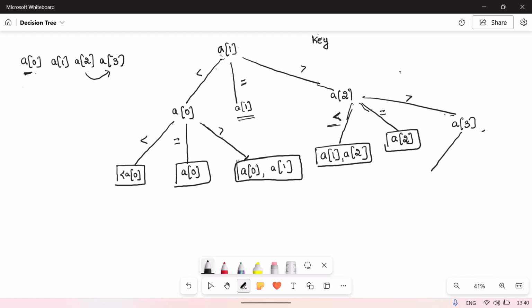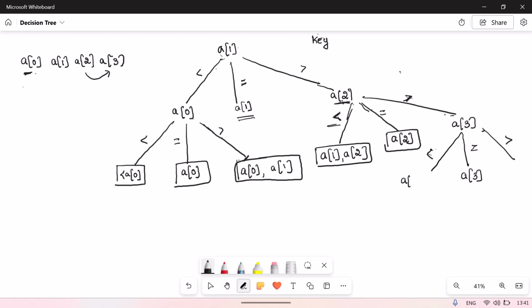Now for A of 3, for the greater value, you'll have to do the three conditions. So it can be lesser than, it can be equal to, or it can be greater than. If it is equal to, then it is that element itself. If it is not, with respect to A of 2, it is greater than A of 2 and lesser than A of 3.